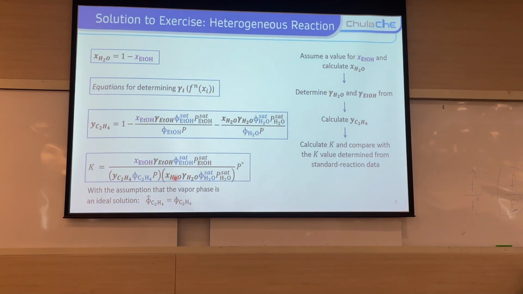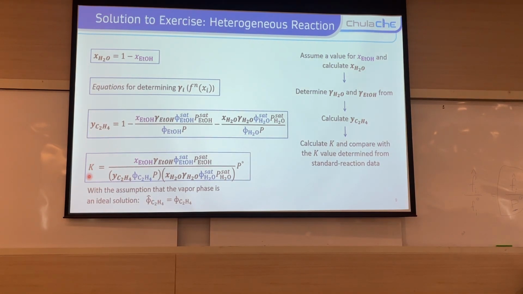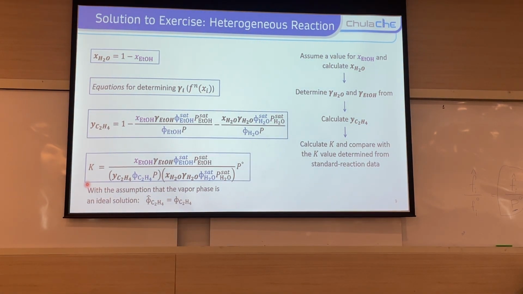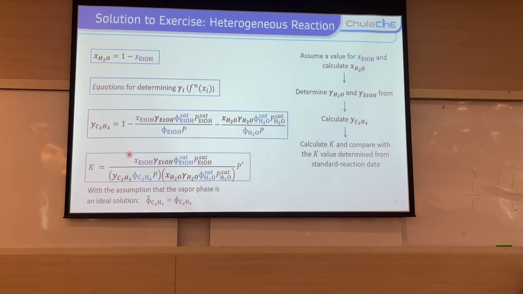Just for this step, it seems that you can calculate the actual mole fraction of ethanol by using this equation only. Just use the iterative procedure to change the guessed value of the mole fraction of ethanol until this equation is satisfied.